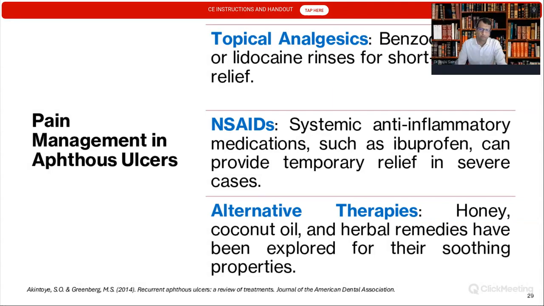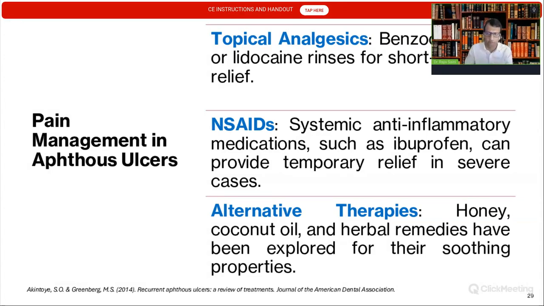Pain management, as we mentioned, we can manage through rinses or some benzocaine gels. Non-steroidal anti-inflammatory drugs can also be prescribed, such as ibuprofen, and it all depends upon the clinical situation. There is no hard and fast rule, no set criteria that we have to follow, like step one, step two, step three.